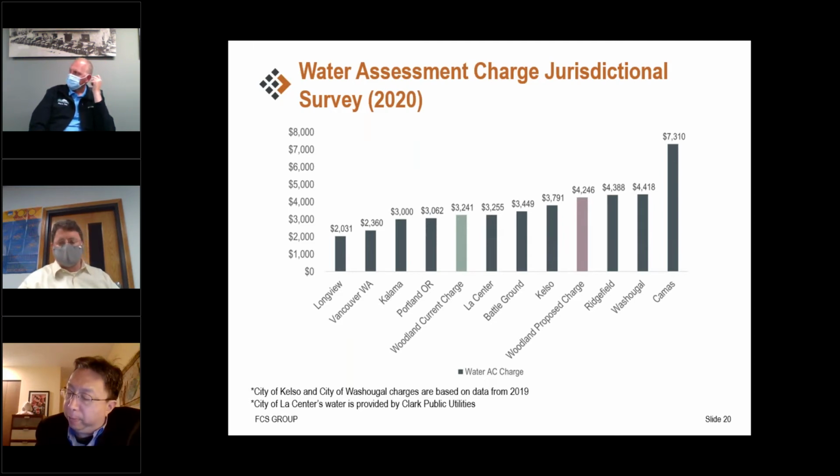Would that include the utility tax as well for each one of those jurisdictions? Yes, we want to make sure that it's an apples to apples comparison. So whatever their prevailing water utility tax rate is, we would capture that.